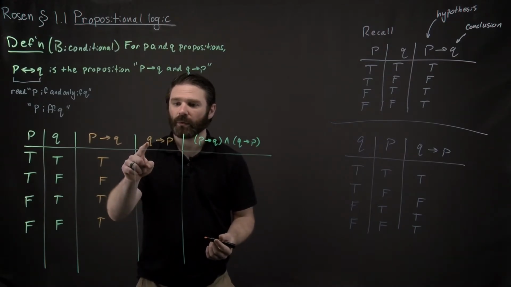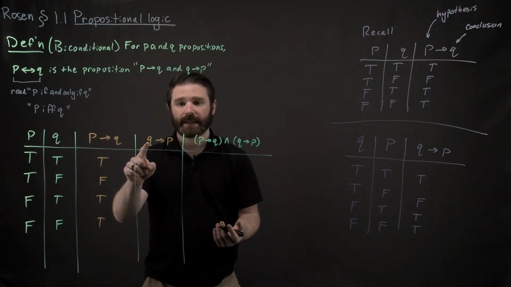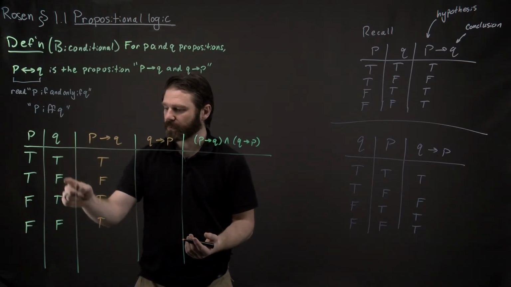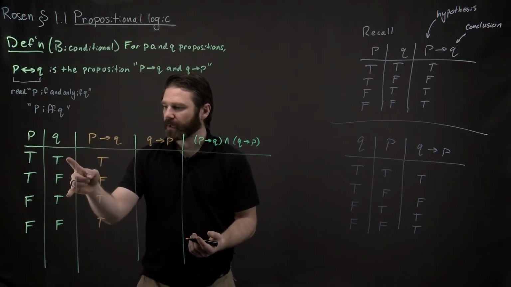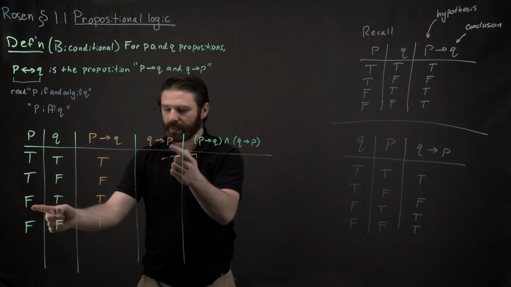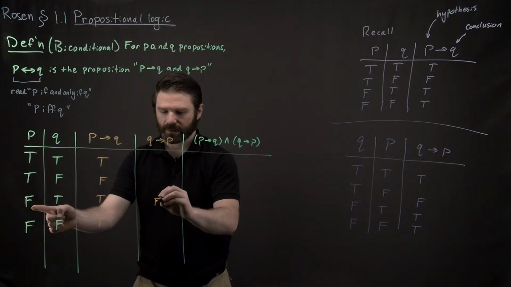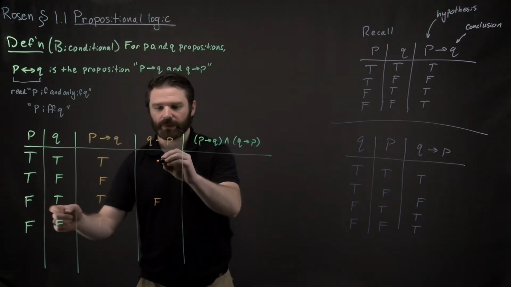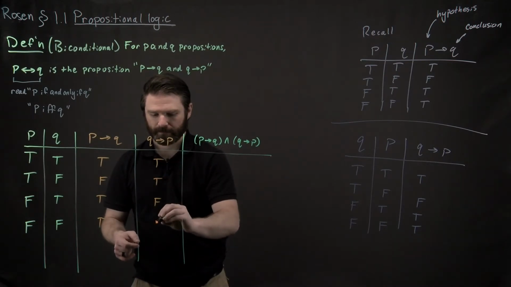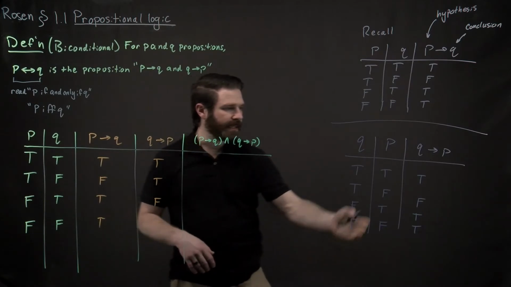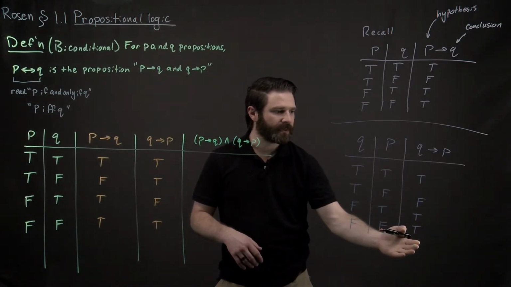I have to find out when the hypothesis is true, that is my Q, so I'm looking at this one, and my conclusion is false, so that would be this one. So it's false here. And everywhere else, it's going to be true. And we can check that yes, indeed, that corresponds with this particular truth table.